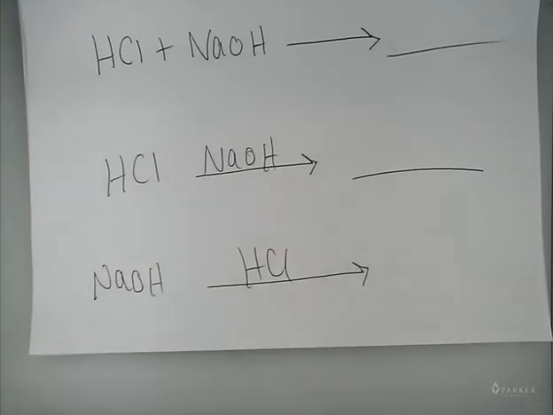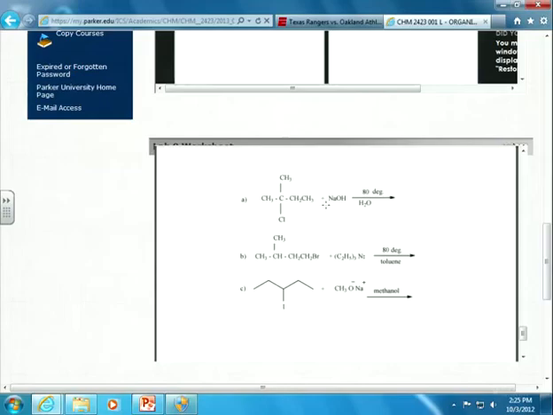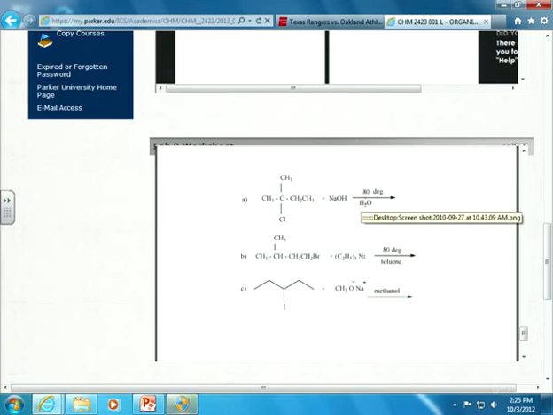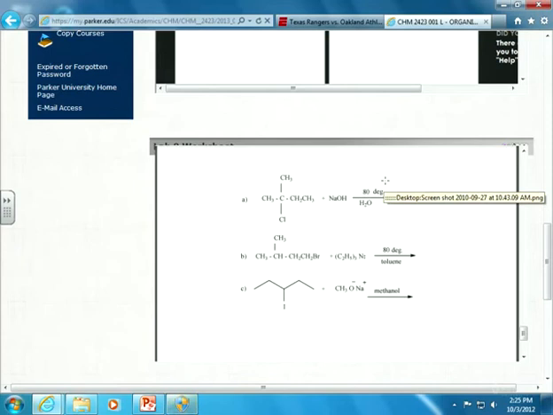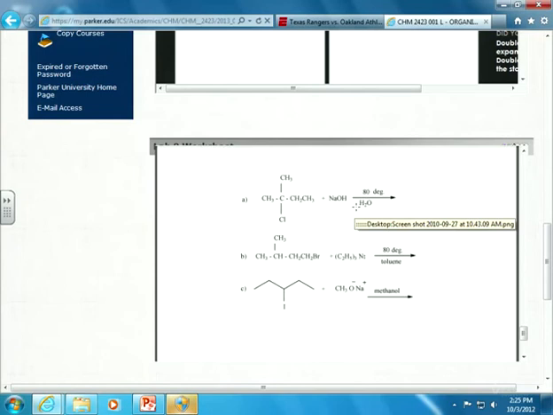Sometimes you see over here, they have kind of a mixture. You see they have this plus this, and then over the arrow you have this. Everything on the left of the arrow is just everything you're adding. So it's this plus this plus this, and that's your temperature. Does that make sense?